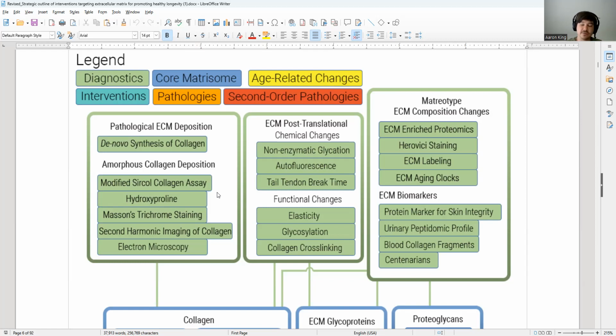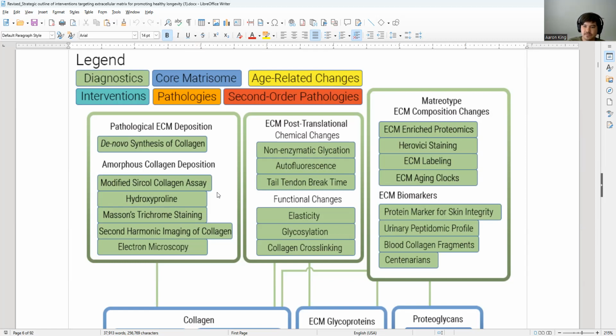I think it's still very useful because it's measuring stuff with age, but not to belabor the point, we need better diagnostic tools that can produce massive amounts of data very quickly so that we can see natural variation and also see trends over time with the ECM. Also, if we were to do interventions with ECM, you need to be able to show people what's changing, and there's not a good way to do that right now.